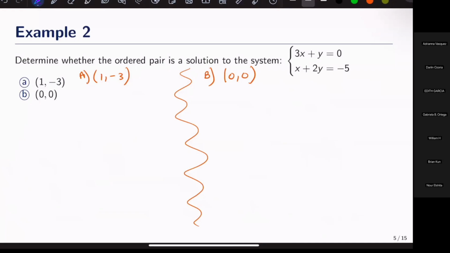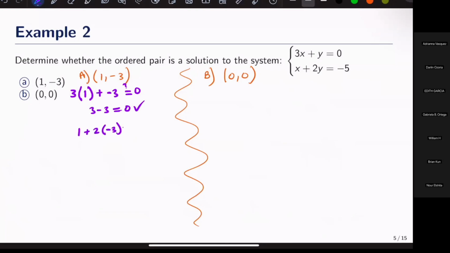So part A, we have our first equation is 3x plus y. Our x in this case is 1. So 3 times 1 plus -3. Is this equal to 0? 3 minus 3 equals 0. Good. Second equation, we have 1 plus 2 times -3.